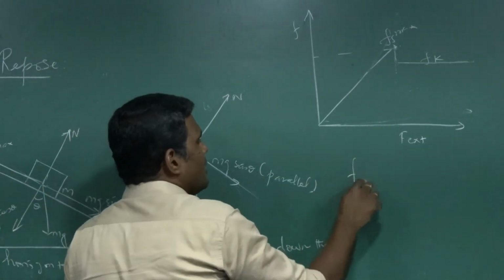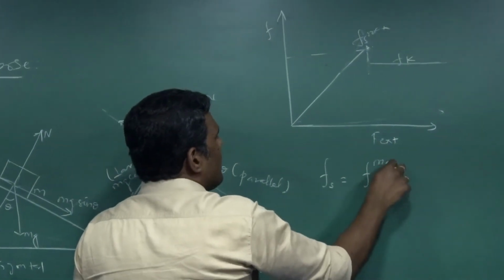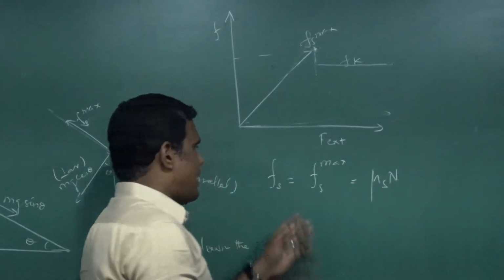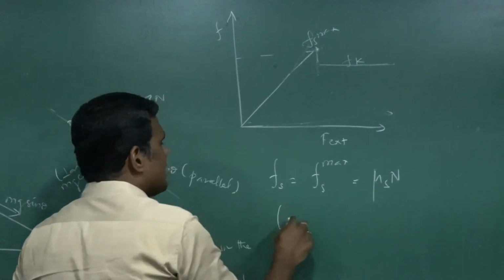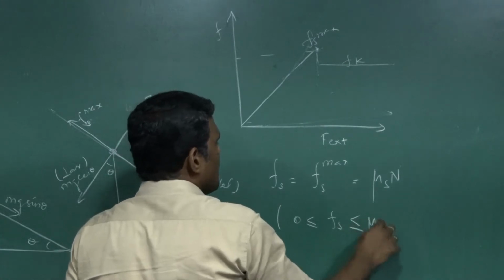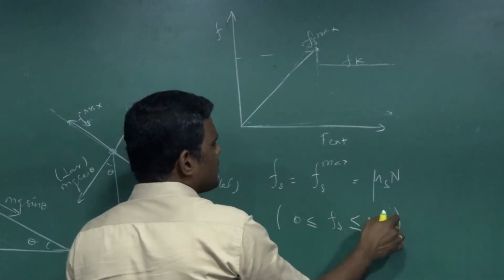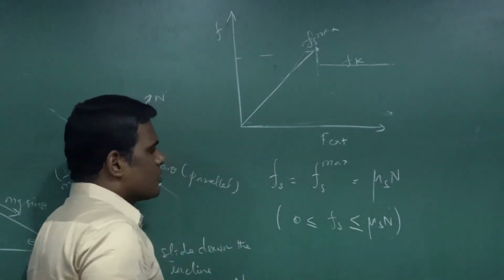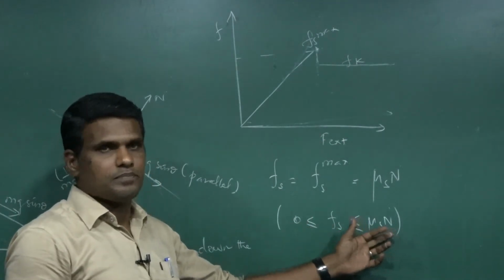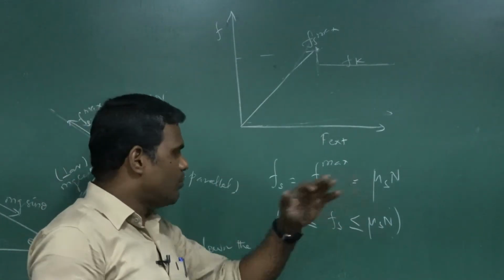So Fs, the static frictional force, is equal to Fs maximum, which is mu s N. You might have seen this condition, 0 less than or equal to Fs less than or equal to mu s N. Minimum value is 0. So the value of static friction lies between 0 and mu s N. The maximum value of static friction is mu s N.